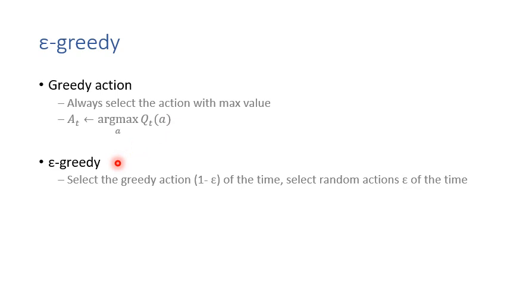So epsilon greedy selects the greedy action 1 minus epsilon of the time, while randomly selecting actions epsilon of the time, to let the agent explore other probabilities. In other words, in our case, let the agent play other machines instead of just the currently optimal machine.